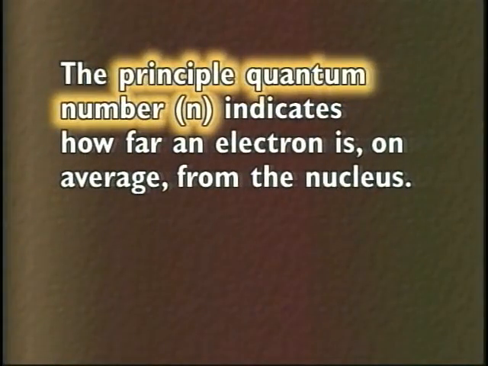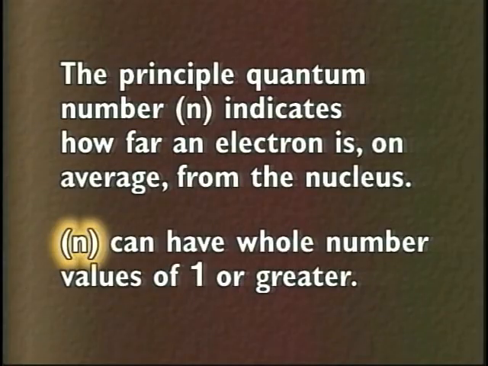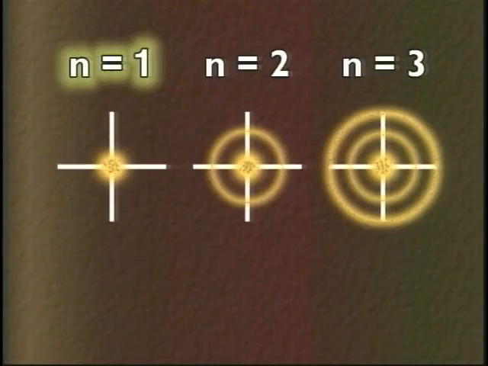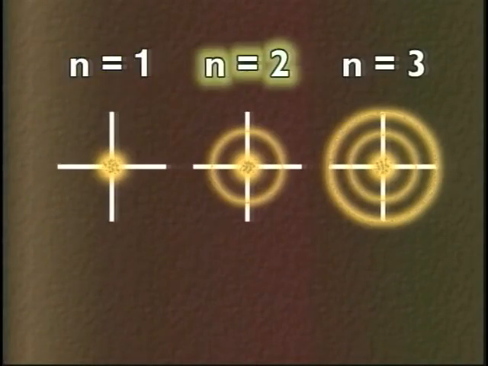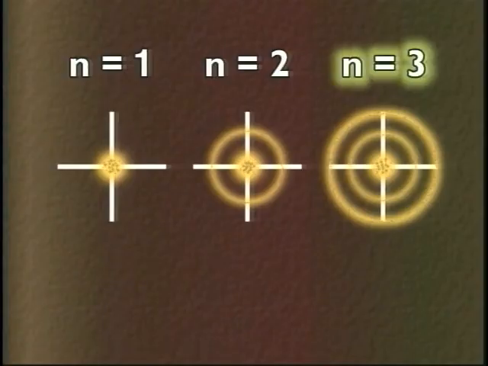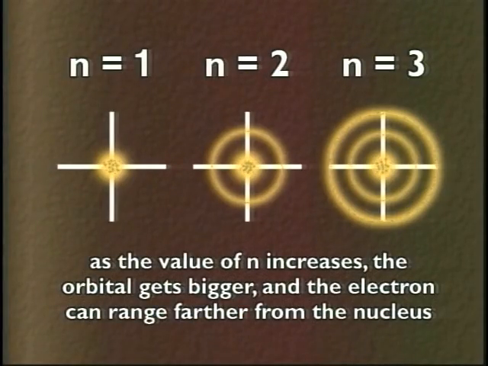The principal quantum number, represented by a lowercase n, indicates how far an electron is, on average, from the nucleus. N can have whole number values of 1 or greater. So you'll see values like n equals 1 or n equals 2 or 3 and so on. As the value of n increases, the orbital gets bigger and the electron can range farther from the nucleus.